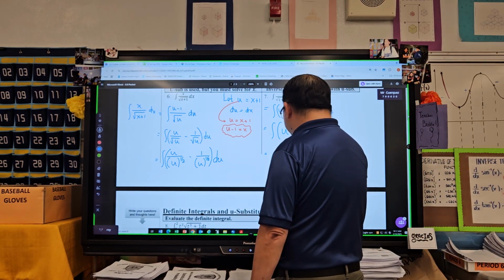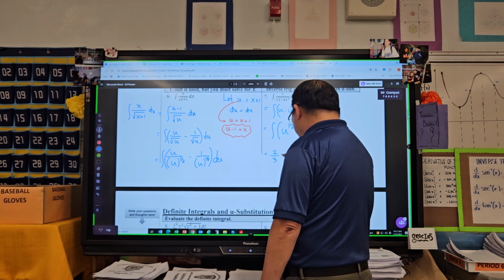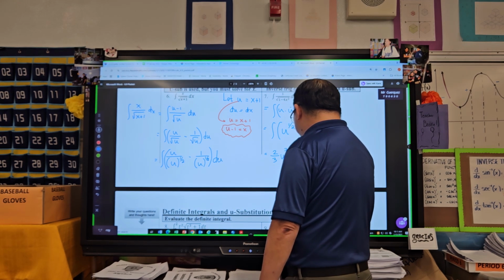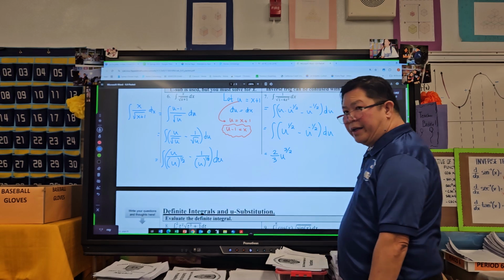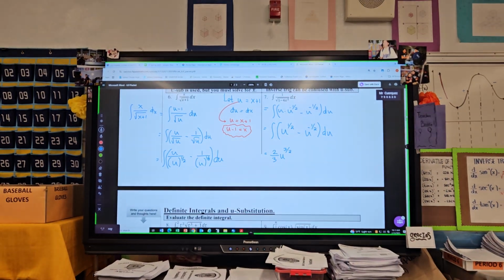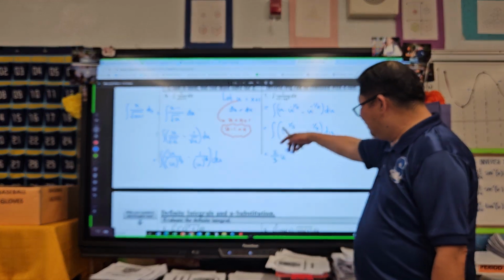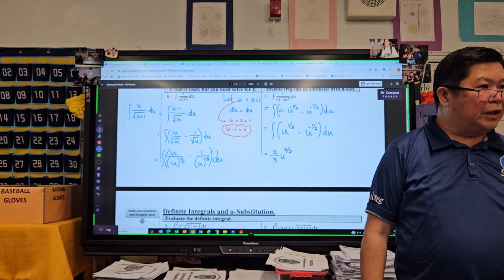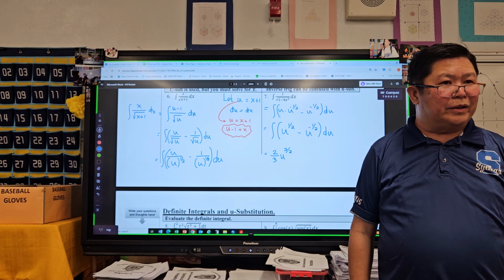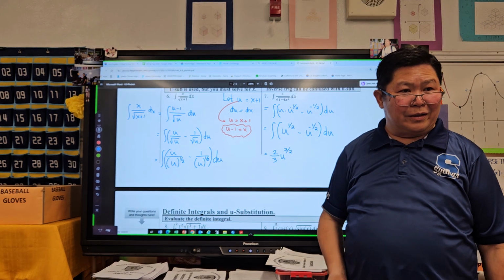Okay? Take the reciprocal. So 3 halves into 2/3. Then u to the power of 3 halves. Am I right, guys? Are we good? This time we do mental math right away. We don't have to show a very complicated solution. Okay? A very elementary solution. You can do mental math. This is a college class.